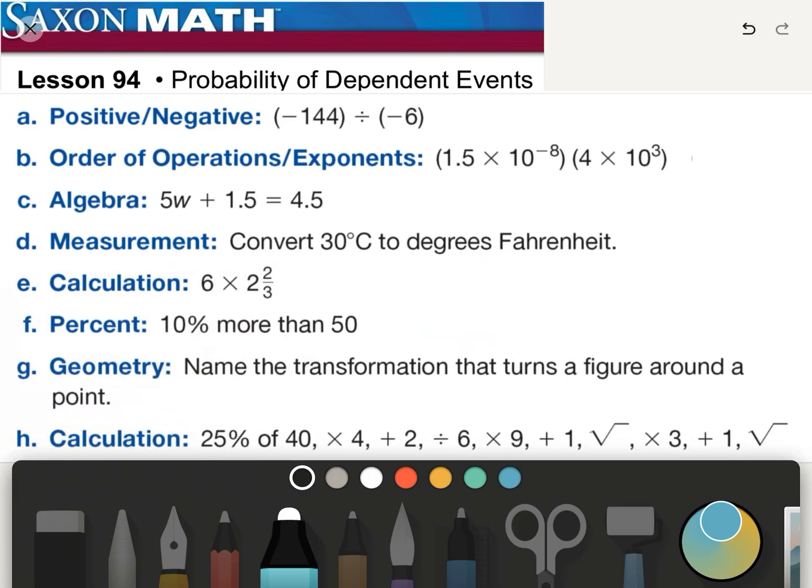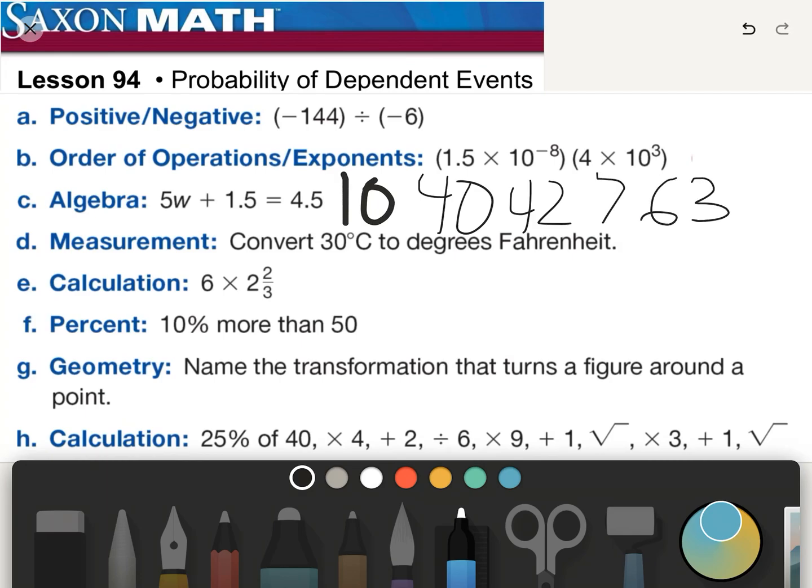And H, calculation. 25% is 1/4, and 1/4 of 40 is 10. Times 4 is 40. Plus 2 is 42. Divided by 6 is 7. Times 9 is 63.